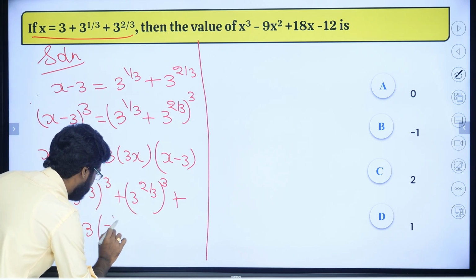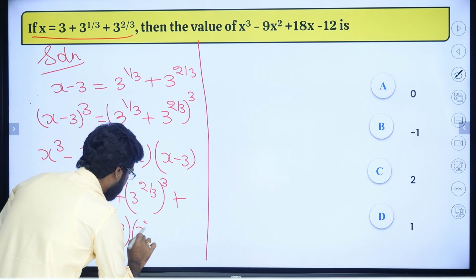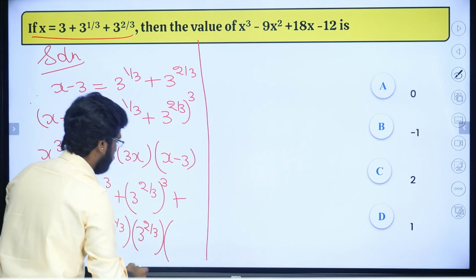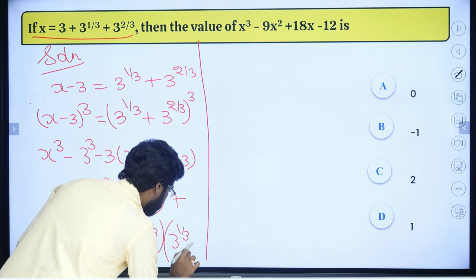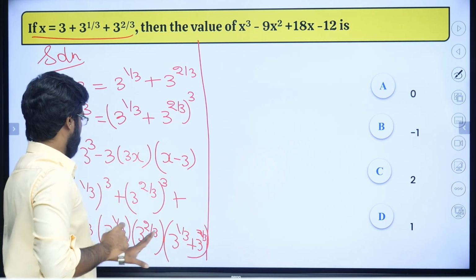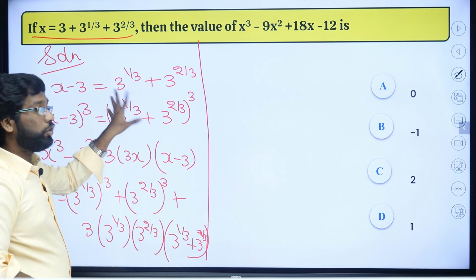So 3 power 1 by 3, 3 power 2 by 3 into 3 power 1 by 3 plus 3 power 2 by 3. Okay, my dear students. Now we have expanded both of the terms.